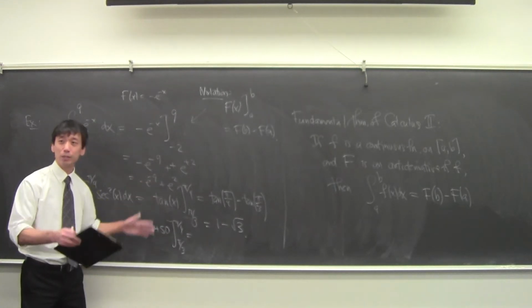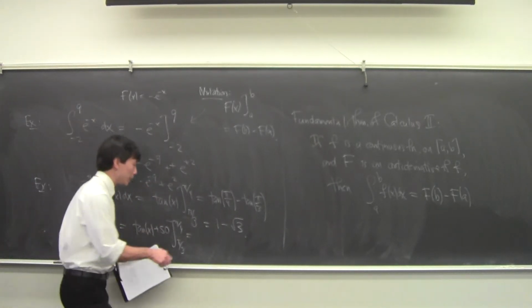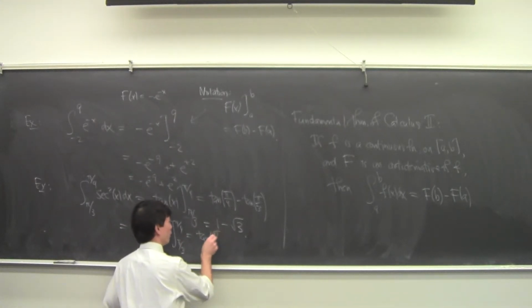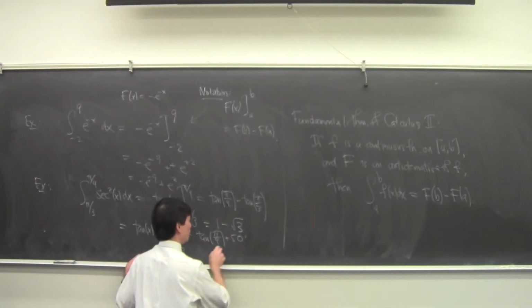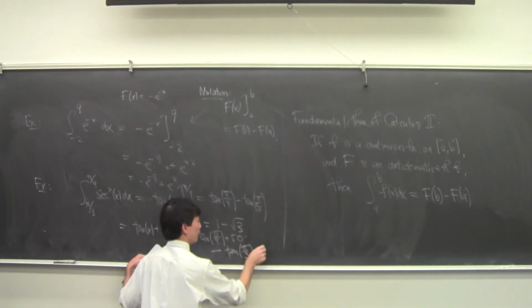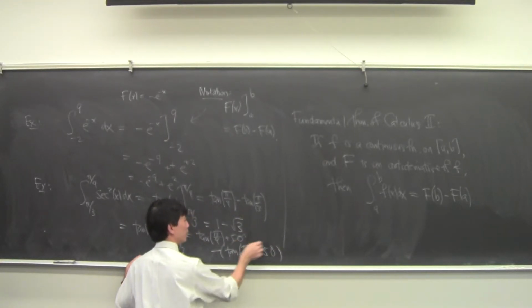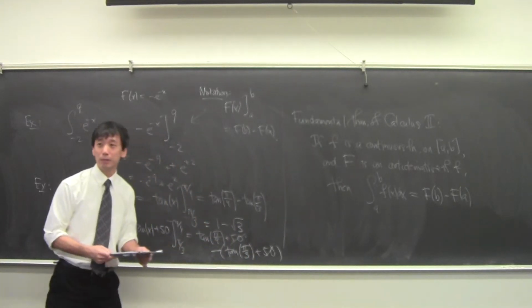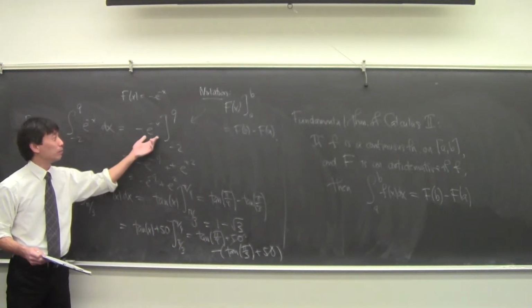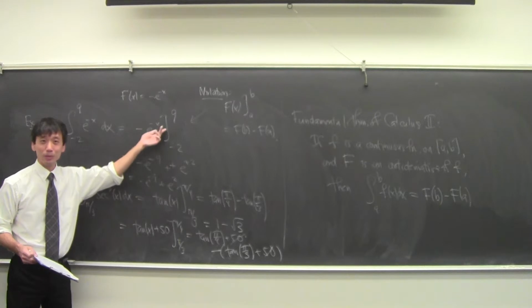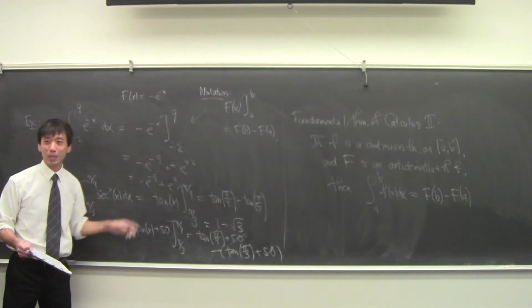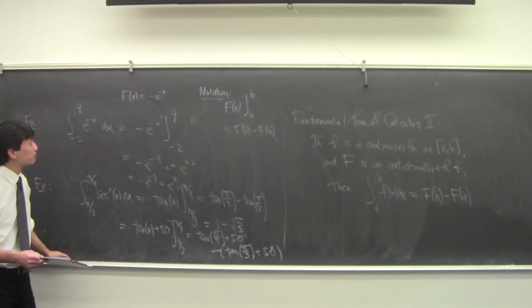And the 50s will cancel off, and I get the same answer. So if you felt like it, you could throw in some constants. But why would you? It's just making extra work.